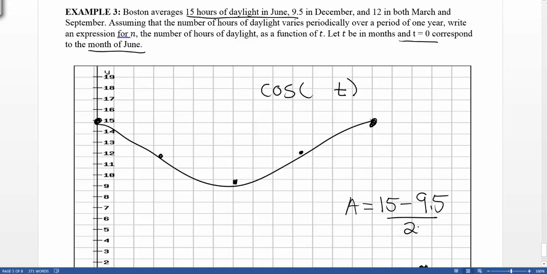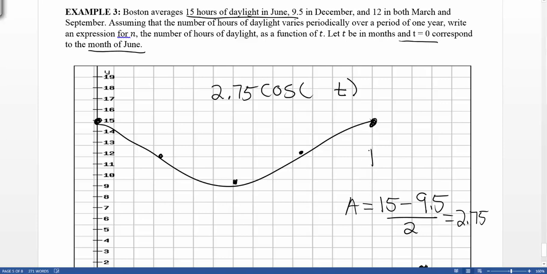So 15 minus 9.5 is 5.5. And if I divide that by 2, I get 2.75. And because this doesn't look like it was rotated, it looks like the general way cosine is shaped, I'm going to report that as positive 2.75.